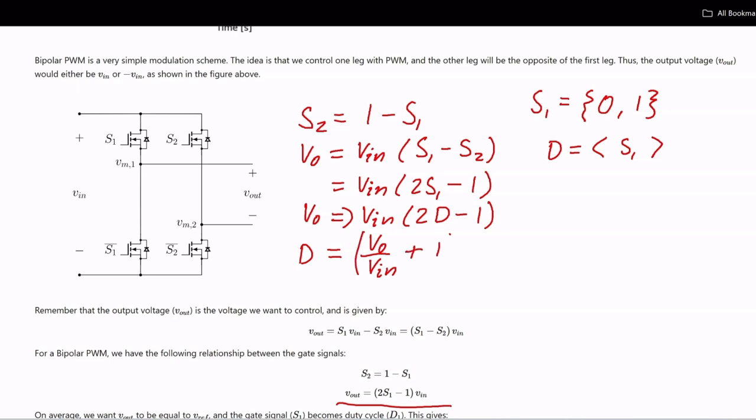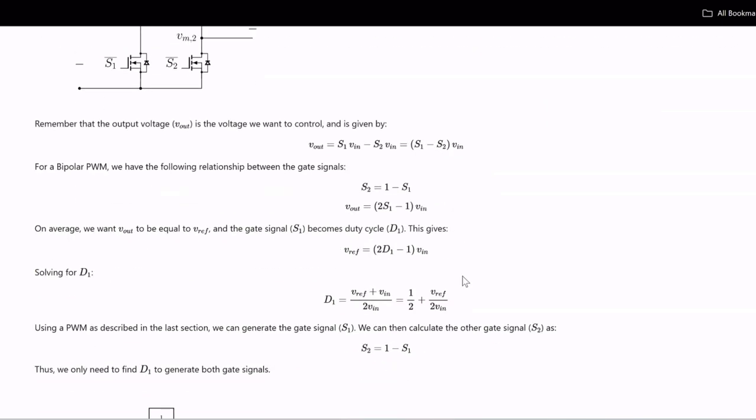And then we divide all of this with 2. So this is the expression for the duty cycle. And now I've written this down here as well. So we have the duty cycle, here I call it D1, is 1/2 plus Vref over 2 Vn. So Vref is basically the desired output voltage that we want.